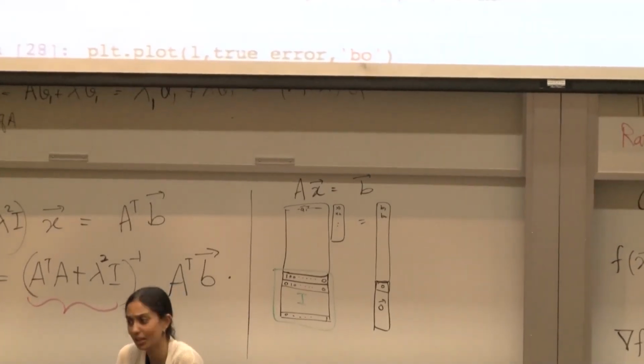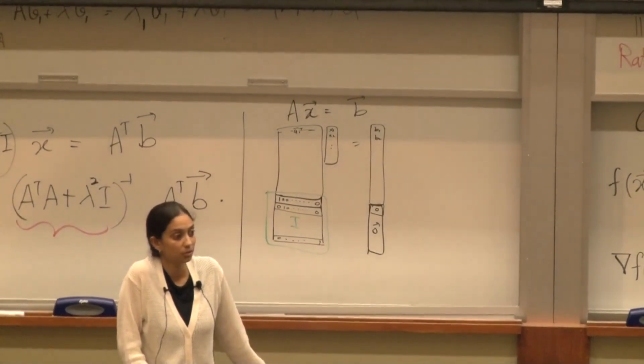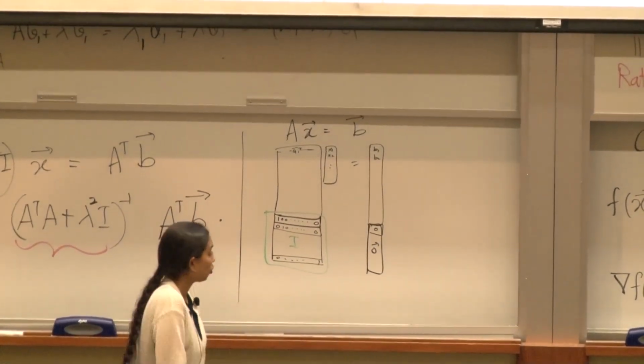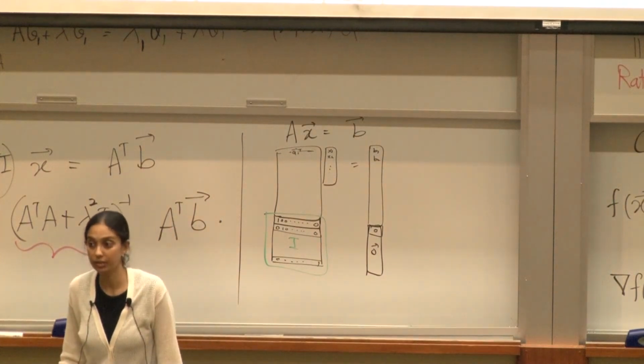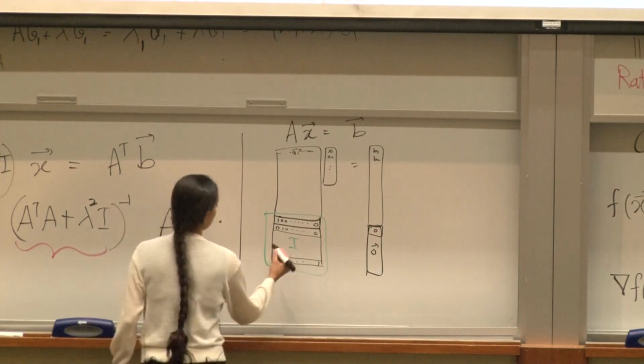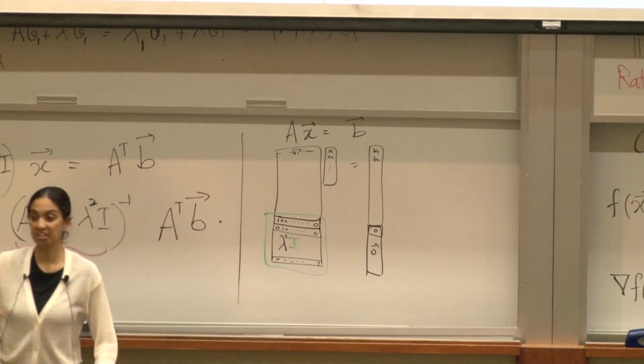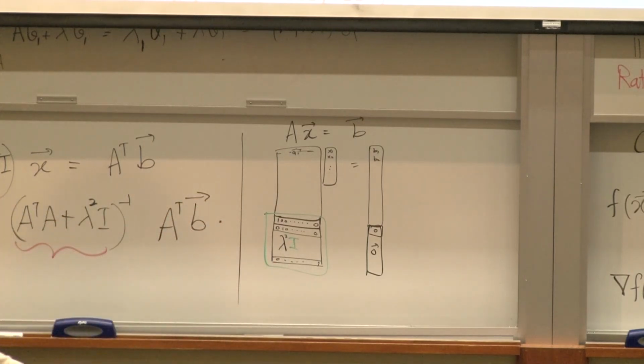Then you don't know if it's actually x that's close to 0 or just small because I multiplied by 10 to the minus 6. So depending on how confident I am about whether x is close to 0, I could put a lambda squared I here. A very large lambda would say I'm very, very confident that x is close to 0. A very small lambda would say it's probably close to 0, but I don't really know. Does everyone see that?